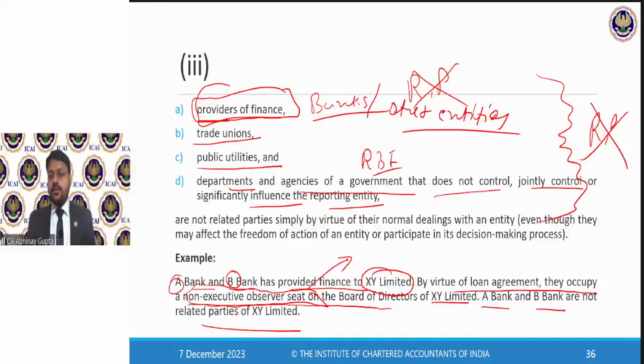Nothing else is in their authority, right? So they are not controlling, and they do not have the authority or responsibility around planning, directing and controlling the affairs of the company. They are only observers. If whatever decisions are being taken do not affect the purpose for which the funds have been given, right? So that's the only objective.